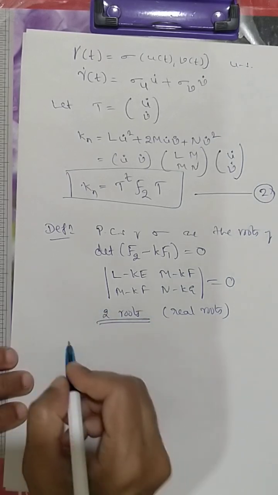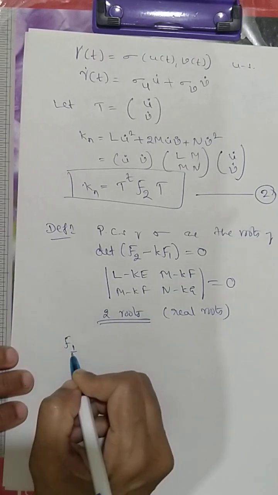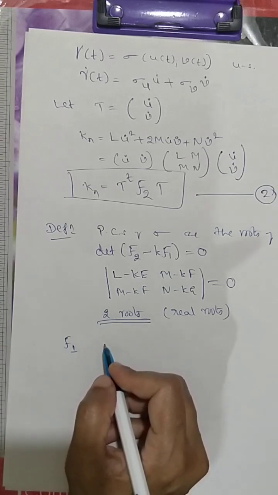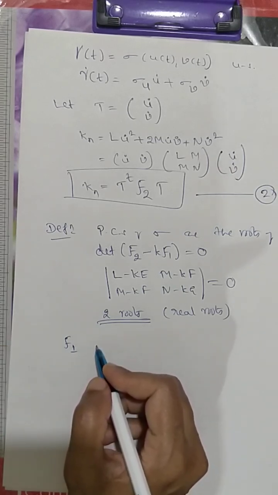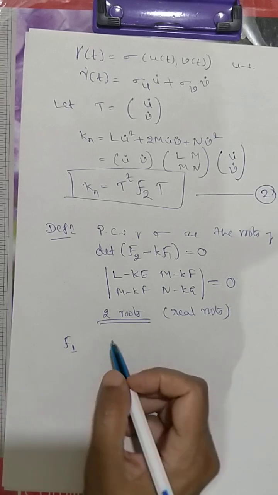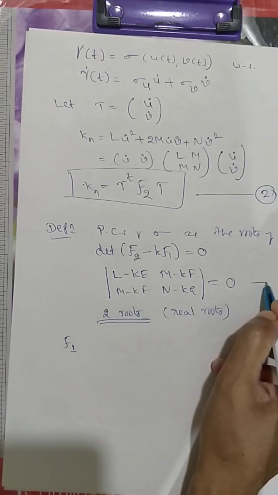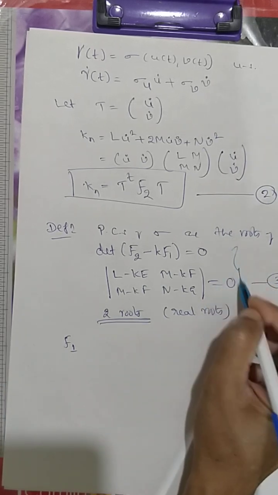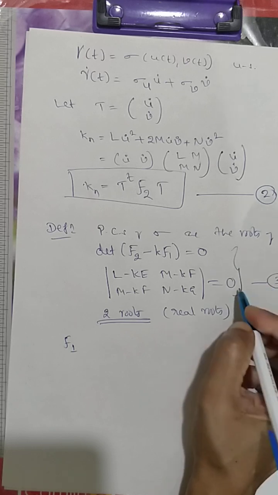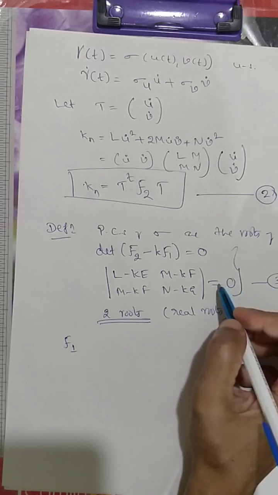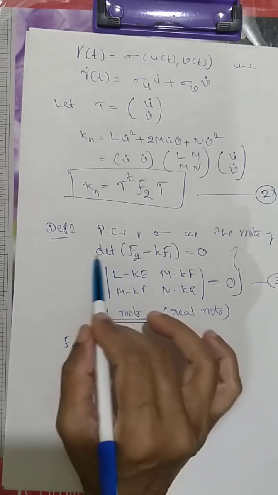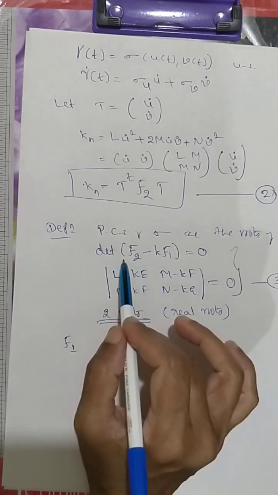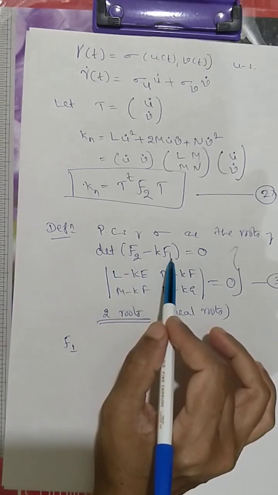Now if F1 is the identity matrix, for example, if you consider the parameterization of a plane, then F1 is going to be the identity matrix. Then this statement, if I call this statement 3, becomes the equation for the eigenvalues of F2, because F1 is the identity matrix. It is nothing but the eigenvalues of F2 minus K into the identity matrix.